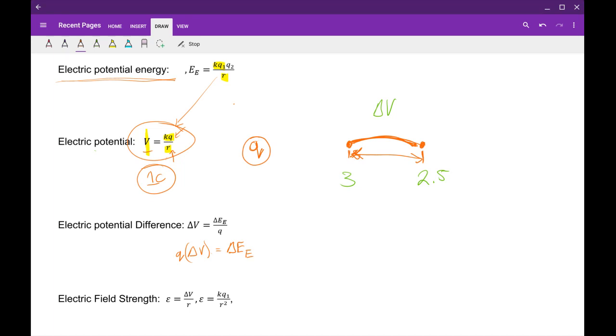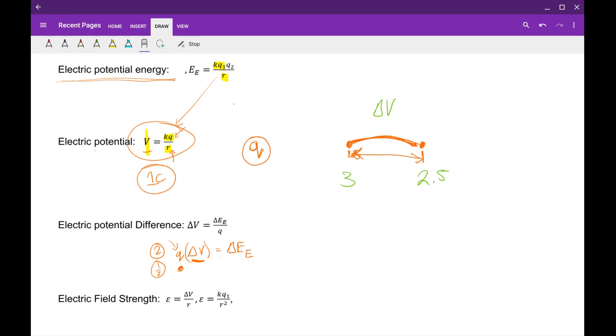If I've got 1 coulomb, then my delta E is equal to my change in energy. If I've got 2 coulombs, then my delta E, I have twice as much energy. You see what I'm saying? So I take my delta V, multiply it by 2, and that's how much energy I've got. If I've got only half a coulomb, I take my delta V, multiply it by a half, and that's how much energy I've got.